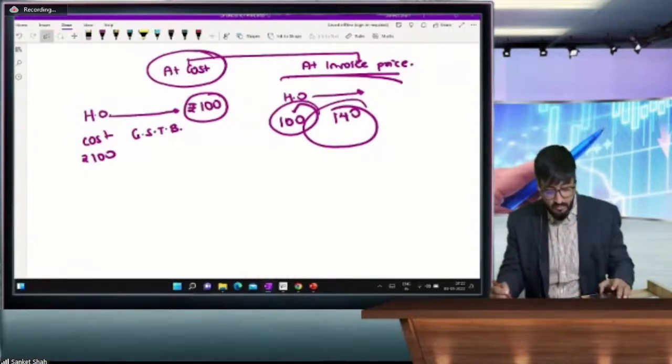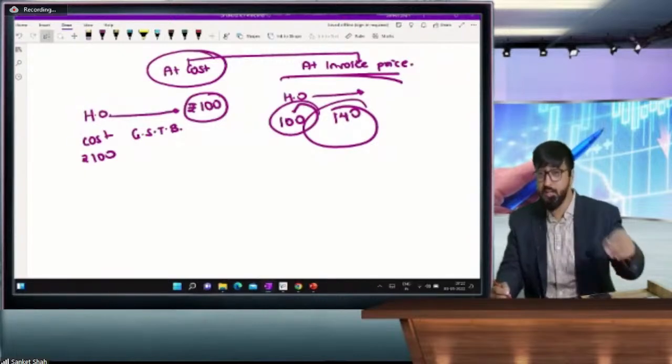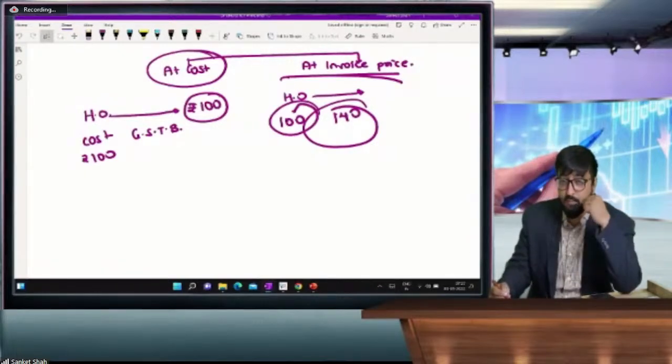Other students say, sir, it is similar to loading. Yes, Mukta, it is similar to loading. Tell me fast, profit is more at cost or at invoice price? Waiting.